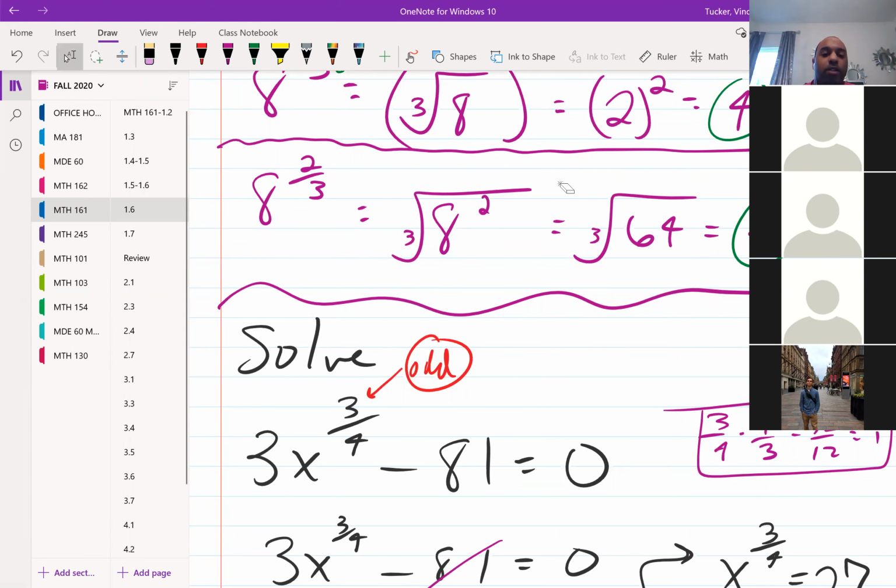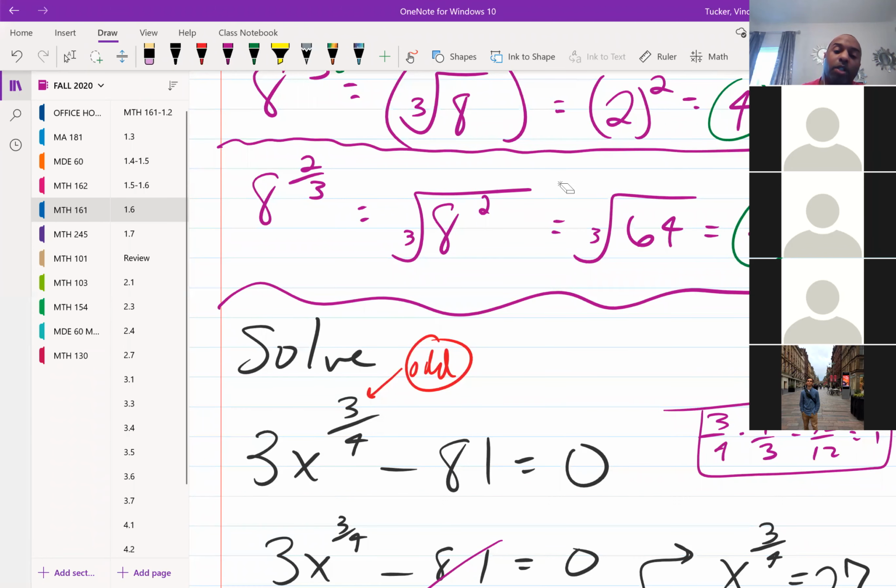We have 3x to the 3/4 power minus 81 equal to 0. So we want to isolate x to the 3/4 power, so we can use the method we just finished talking about. And also take note that we should only get one solution because our top number, our m, is odd.